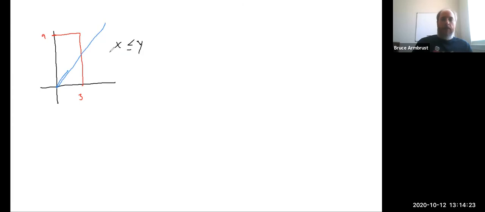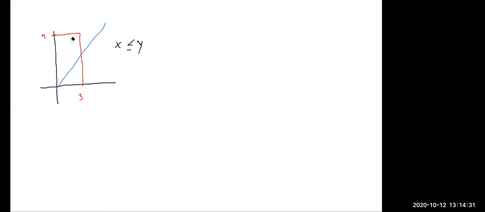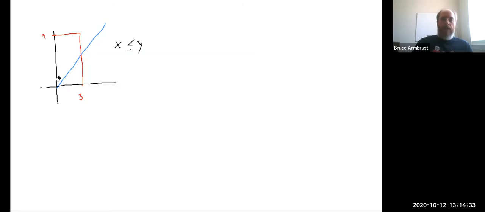And if I want y to be greater than x, which side of that line do I want to be on? Top. Yeah, I want to be above. So everything in this region up here is such that y is greater than x. If that was the only question, if I just said, what's the probability that y is bigger than x if we randomly choose points in here, how would you answer that question?